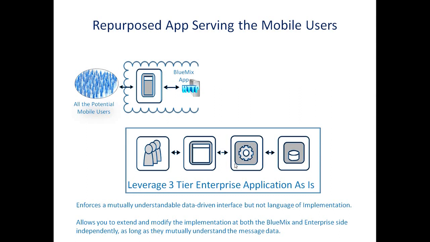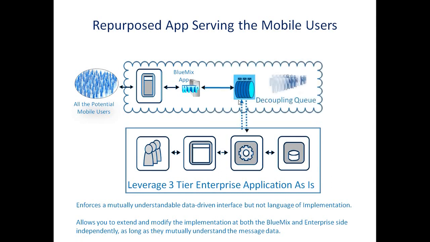Why? Because there is simply no way for the enterprise app to be able to service these potential users simultaneously. So we set up a queue and push them into the queue. Here you see how the decoupling queue, just like what we saw in the previous chart, comes into play.